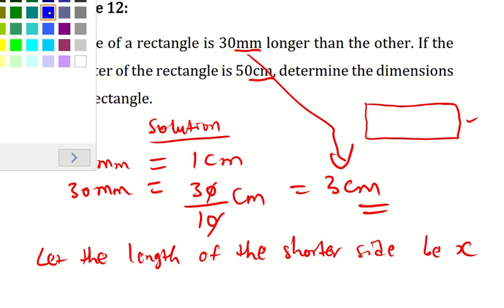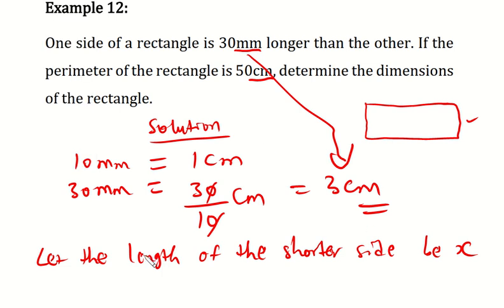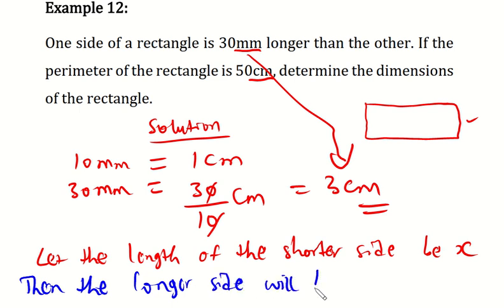Now, since we already said let the length of the shorter side be x, we'll now say then the longer side will be what? Let me ask you, what will the longer side now be? It will be x plus 3 centimeter.